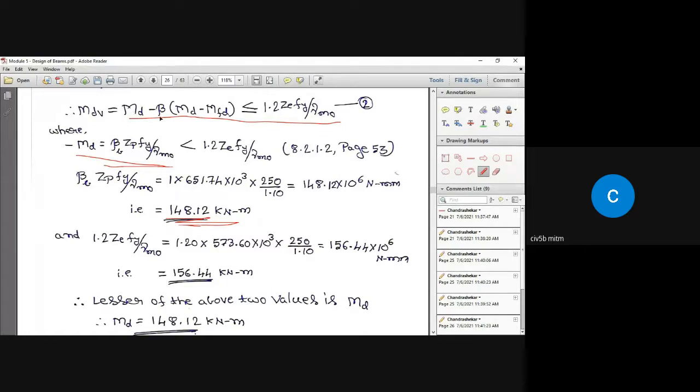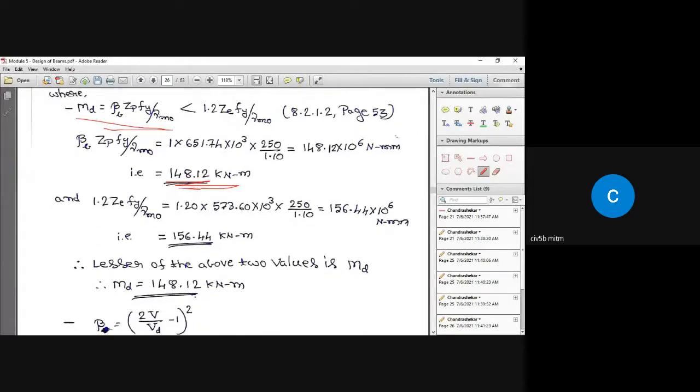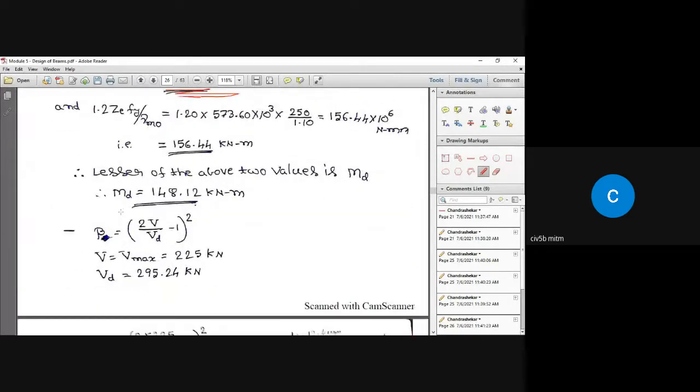And what is the beta value? We have to make use of this formula. Again on page 70, first column, under plastic or compact section, beta is equal to (2V divided by Vd minus 1) whole square.